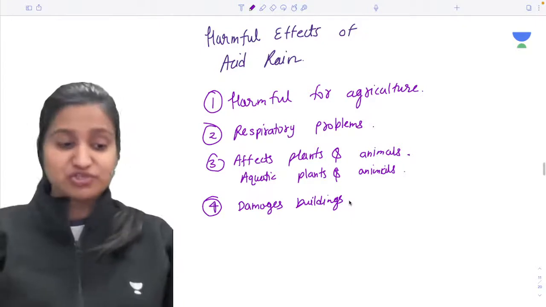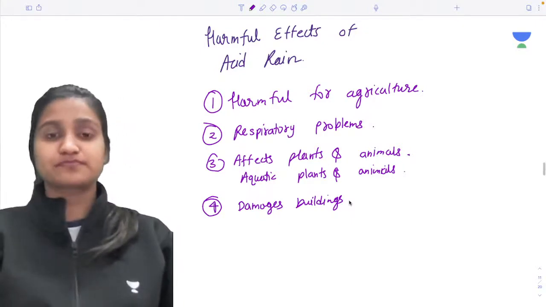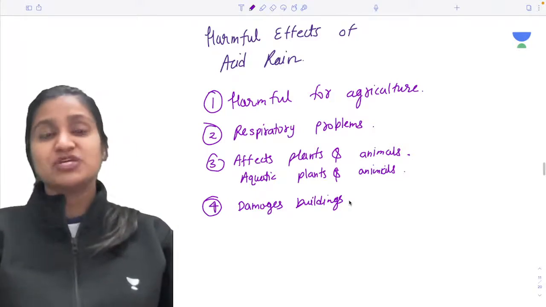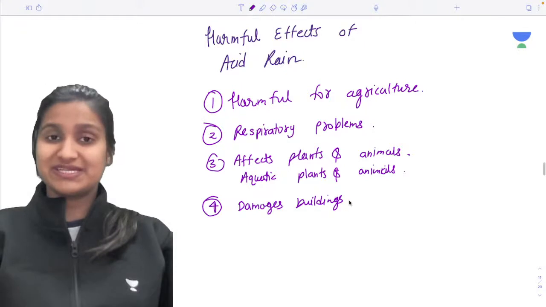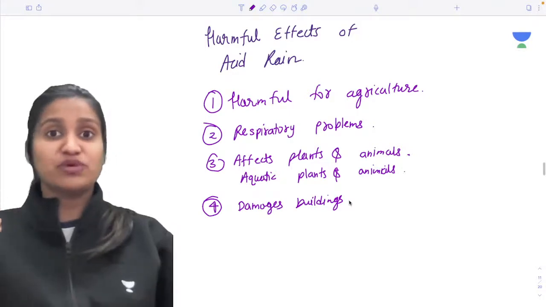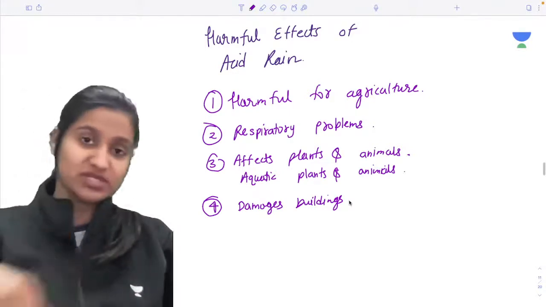So again, I was talking about the Taj Mahal. The Taj Mahal is basically made up of marble. Because of acid rain, it was noticed that the color of the Taj Mahal was becoming yellowish. From white, what color was it becoming? Yellowish.